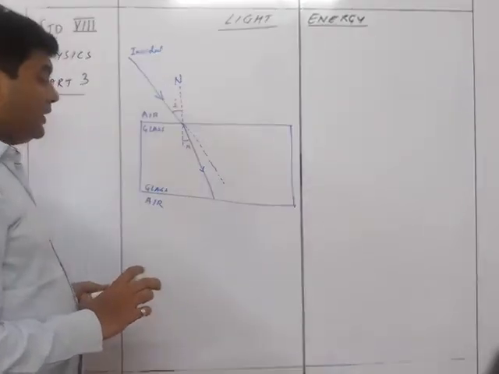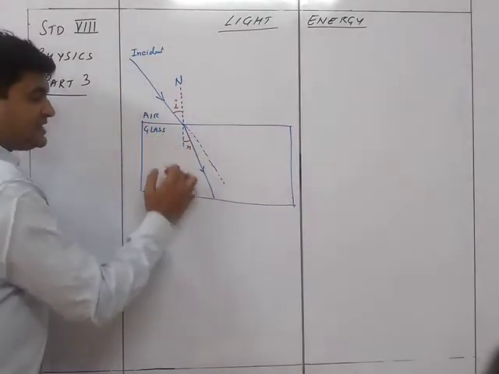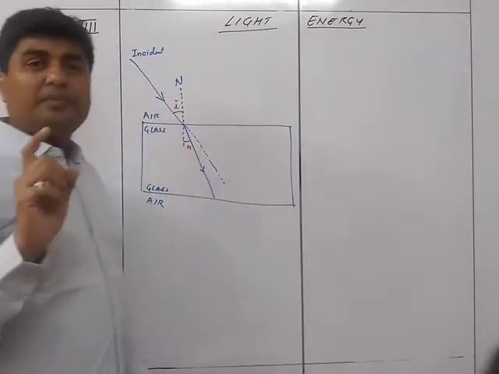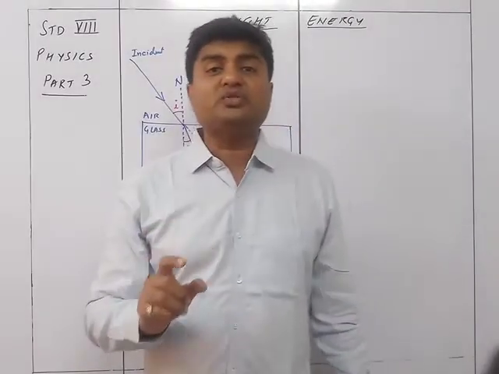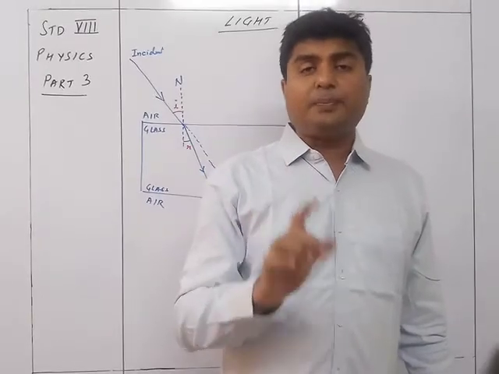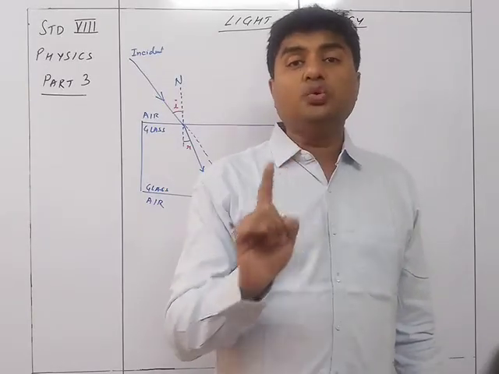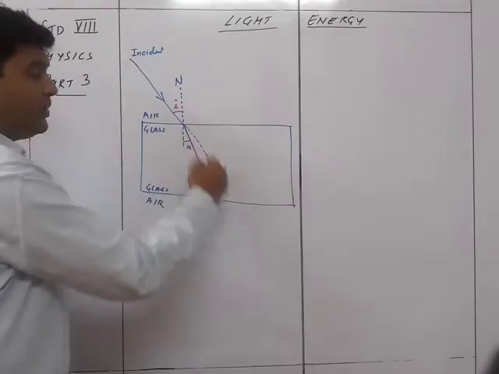Now, as the light passes inside this glass, because the medium is not changing, the speed of the light inside the glass will remain the same, and hence there would not be any change in the path when it is traveling through that particular glass slab. So within the glass slab, the line will be going straight.